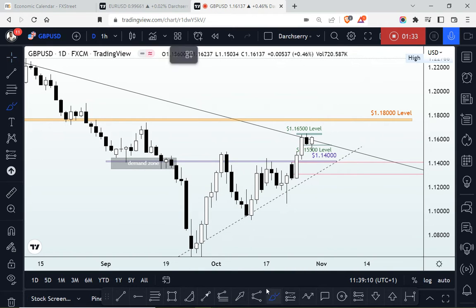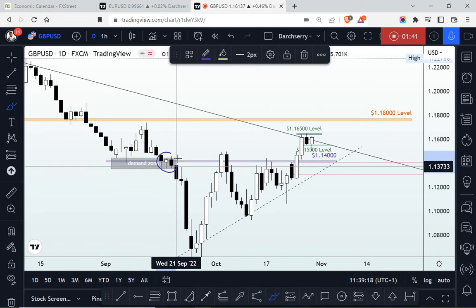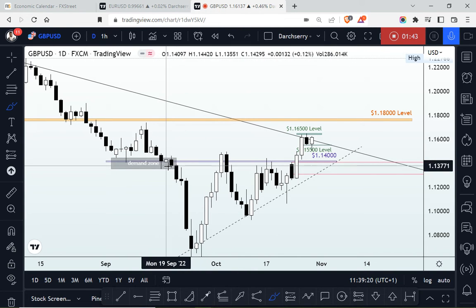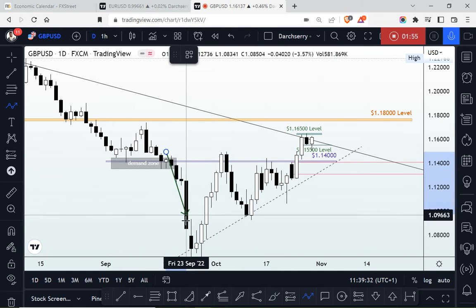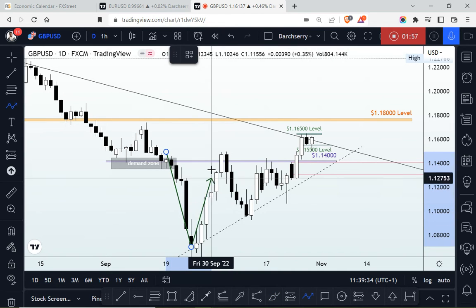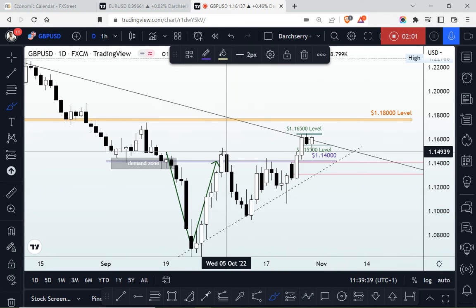As you can see here, in the month of September, we saw how this level has been holding buying pressure before we witnessed that significant breakdown of that structure to signal the strength of the sellers at this point in the market. And from a technical standpoint like this, whenever we have a breakdown of a structure, we expect that price is likely going to come back and do a retest of that structure, which is exactly what happened here.